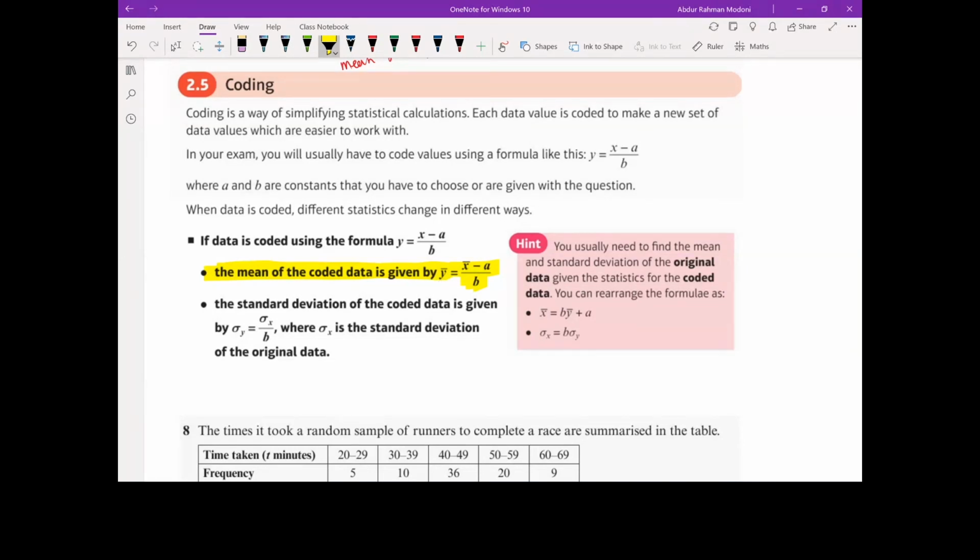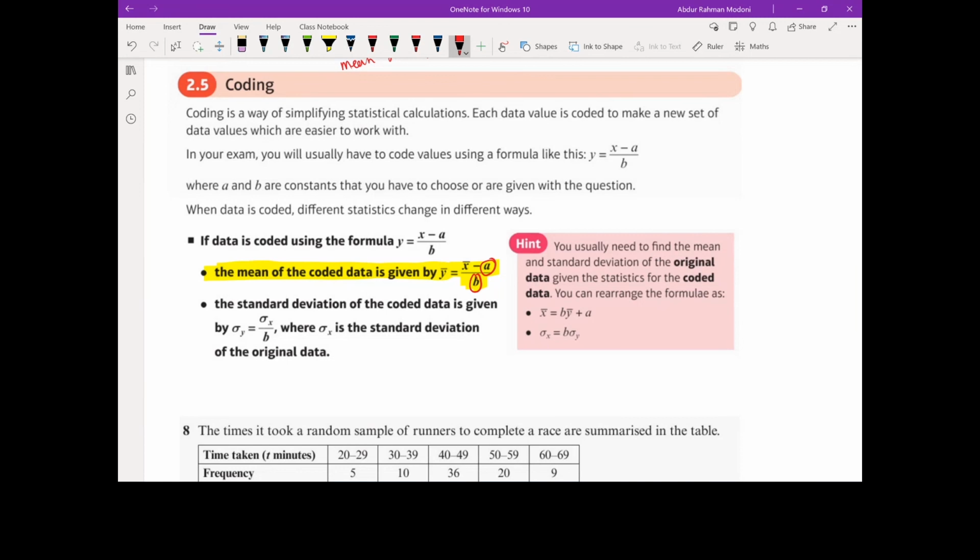So if we subtracted a from all the data and then divided it by b, then the mean would be the mean of the original one, subtract a from it and divide by b. The mean is affected in the same way as the original data was affected.